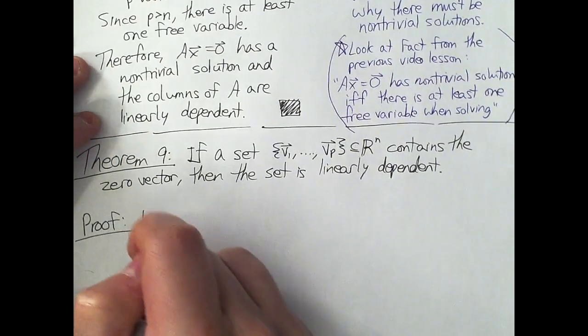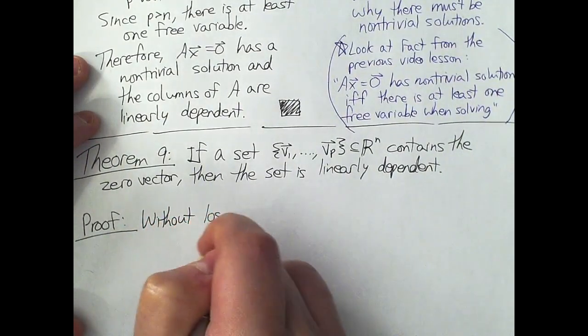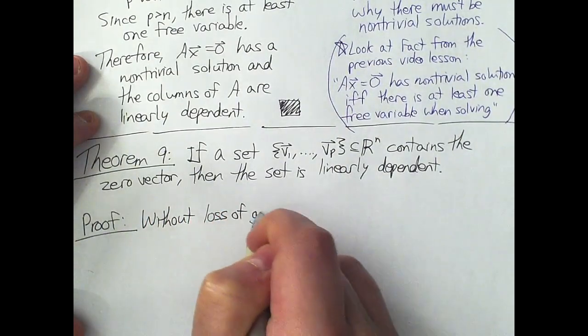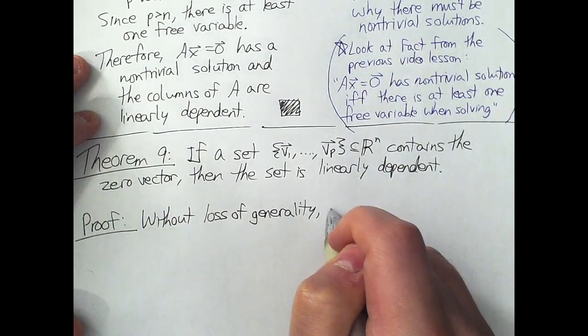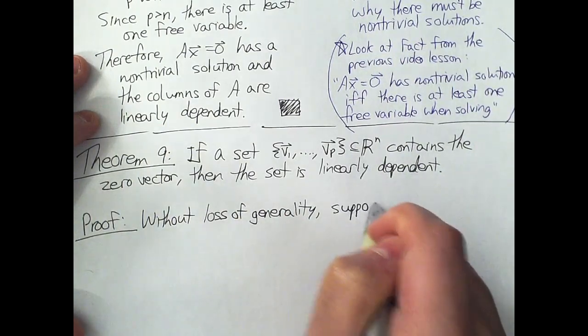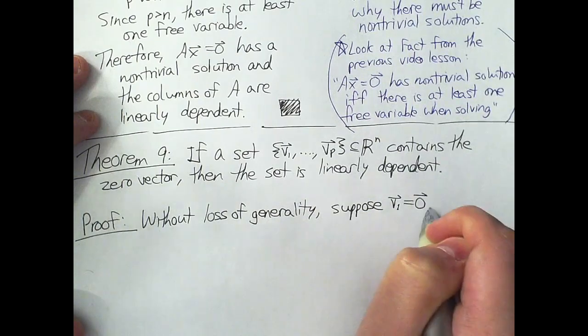This is a good example of where you could say, without loss of generality, suppose V1 is the 0 vector.